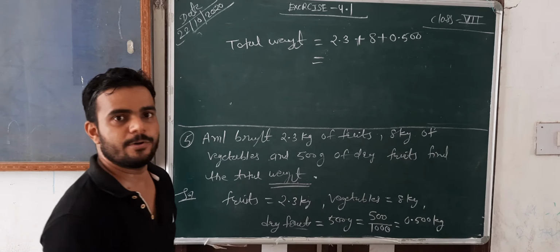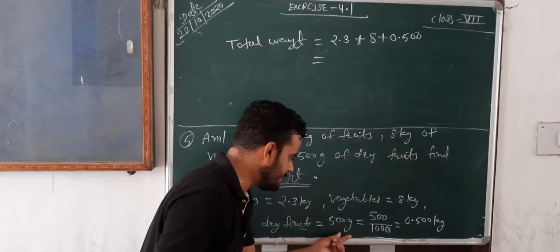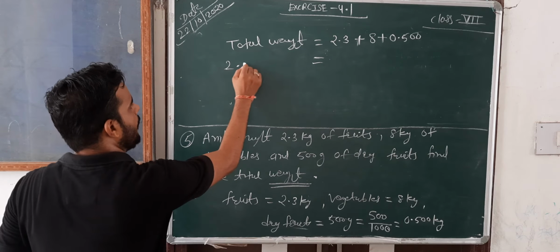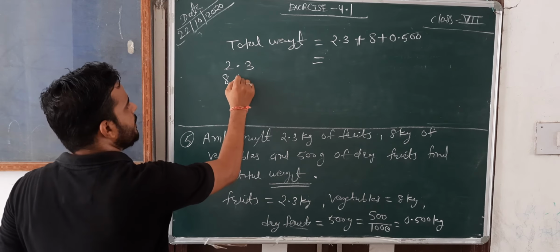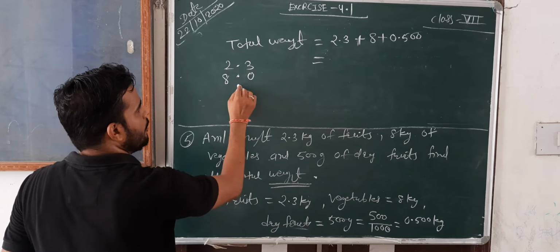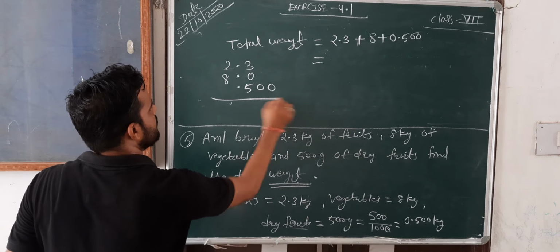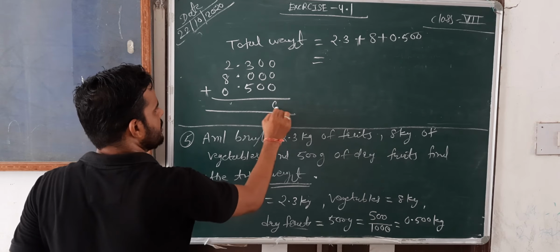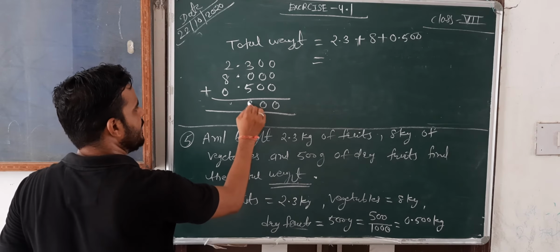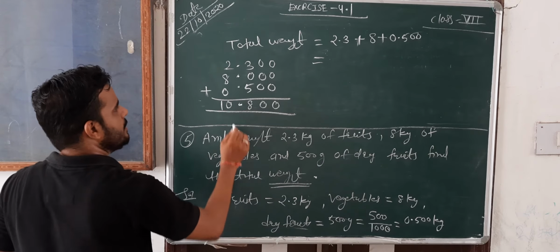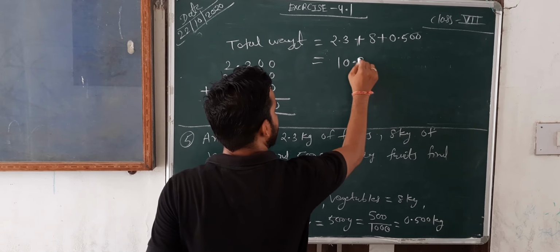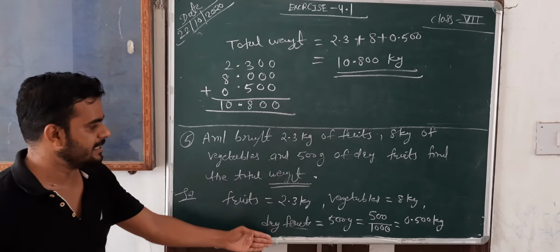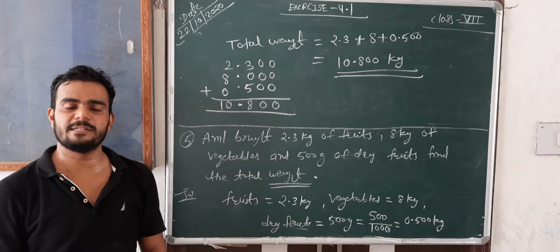Okay, so you get your total weight. Just see one thing, this is gram, so we have to change gram into kg, so divide by 1000. So 2.3, 8 point is not there, so 8.0, 0.500. So you add all of this because it is the total weight. 0 0 0 0 0 0, 5 and 3 is 8, 8 and 2 is 10. So your answer is 10.800 kg, your total weight. So after this we have to solve like this. Okay, so take the screenshot again.